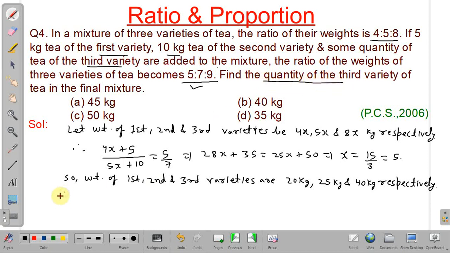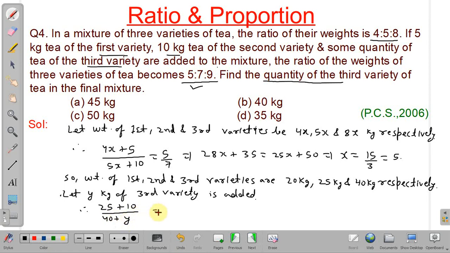So now, the ratio of second variety to third variety. Let y kg of third variety be added. So the ratio of second and third will be: initially it was 25 kg of second variety and 10 kg was added, so 25 plus 10, and of third variety it was 40 kg, and y kg is added, so the ratio becomes 7:9.